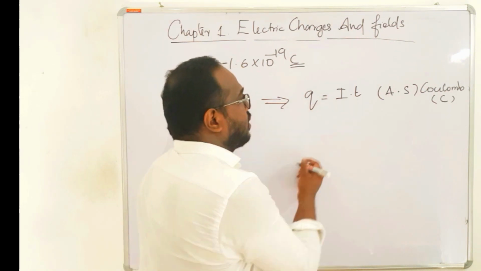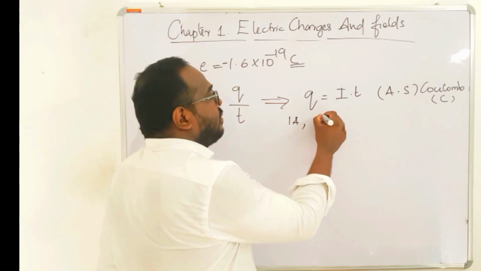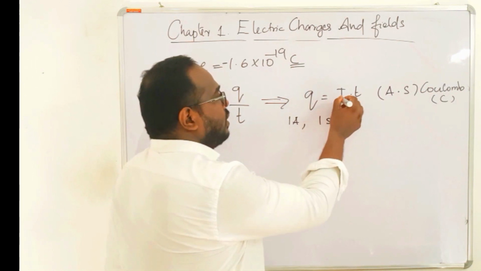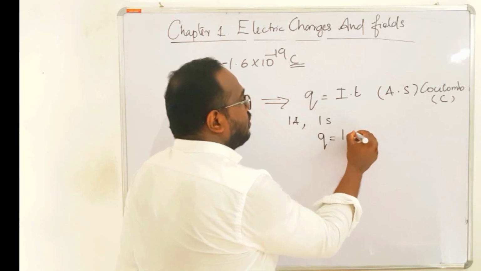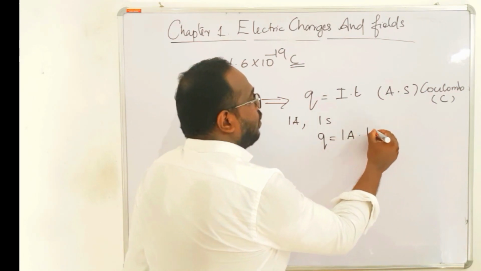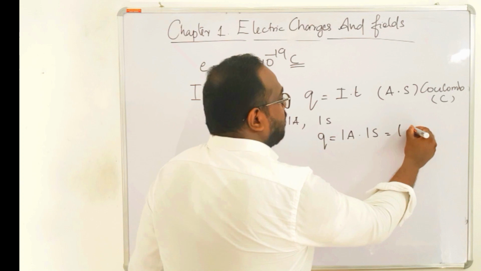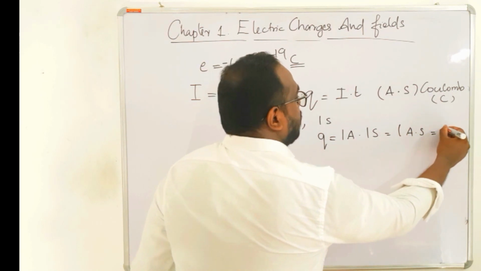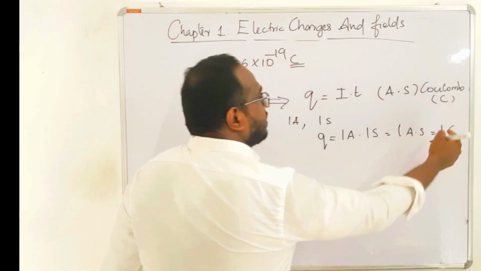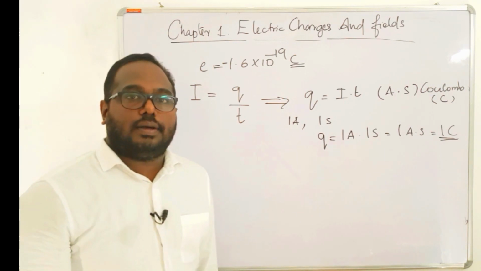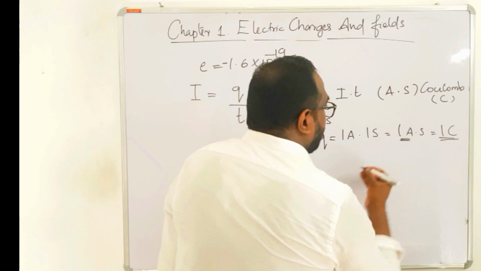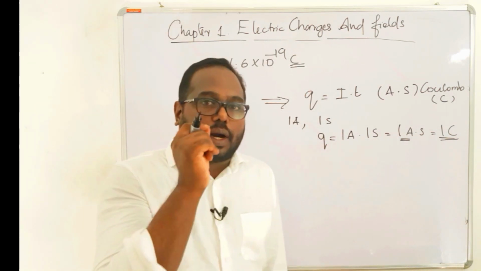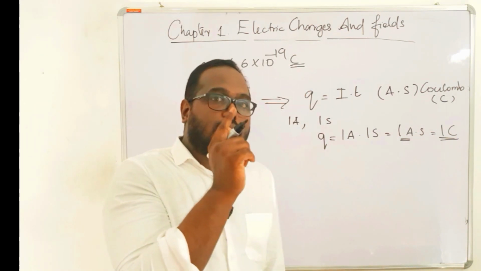When you substitute, Q is equal to 1 ampere into 1 second, that is equal to 1 ampere second, that is equal to 1 coulomb, correct? 1 coulomb.